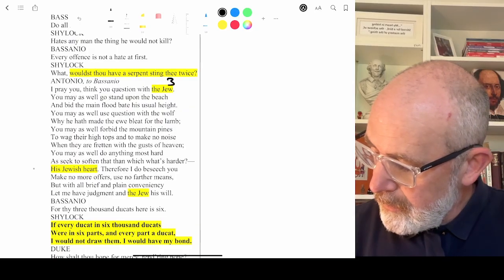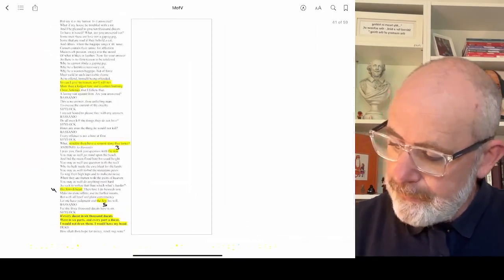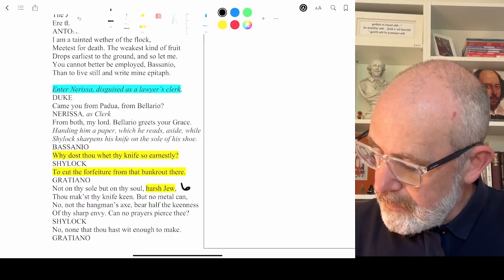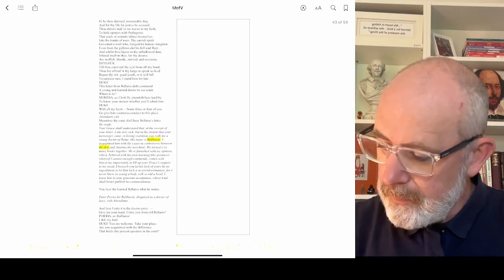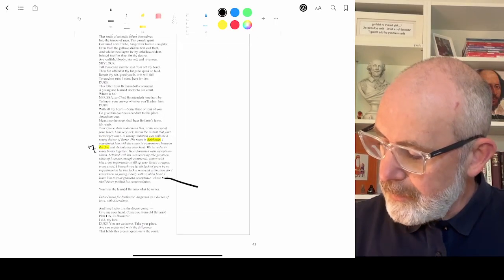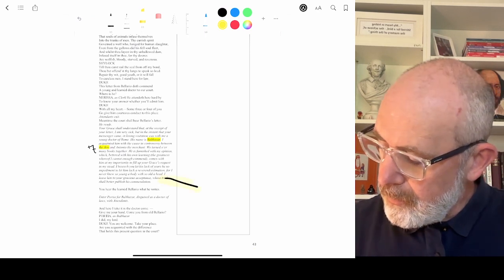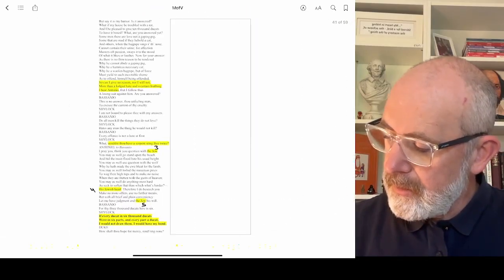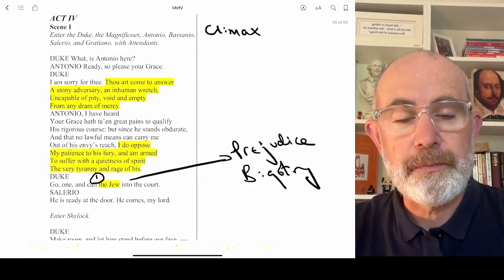Three, four, five, six, seven times, and there are more times, but seven times in the first couple of hundred words of this scene, Shylock is referred to not as a man, but as the Jew.